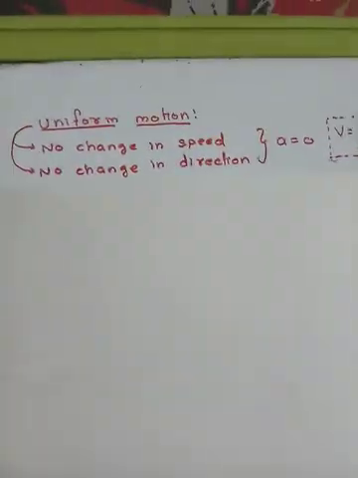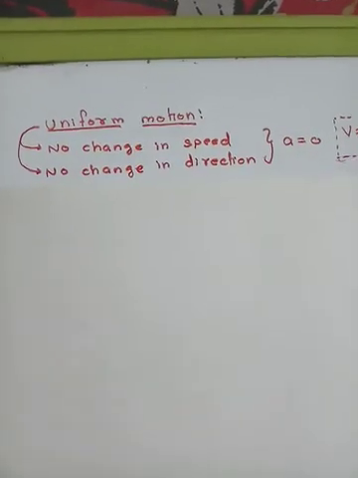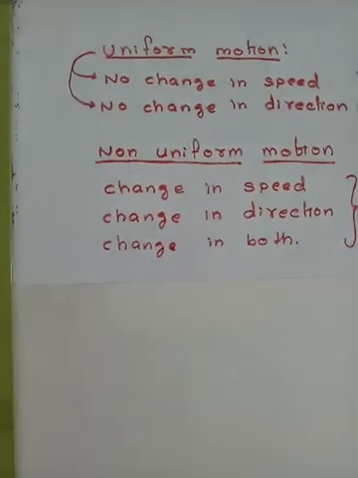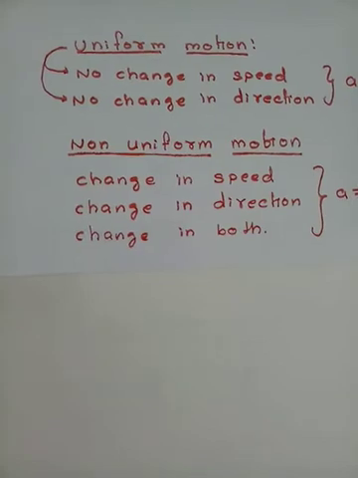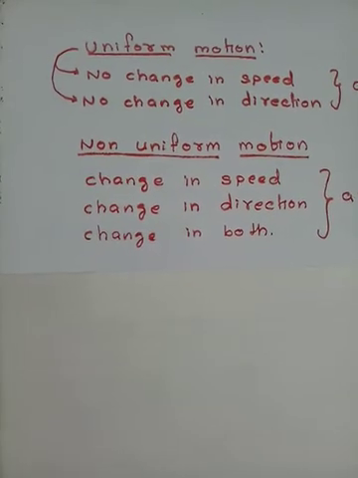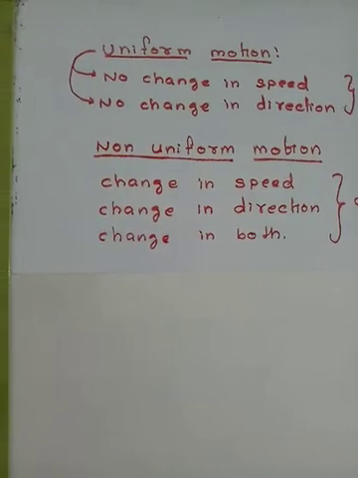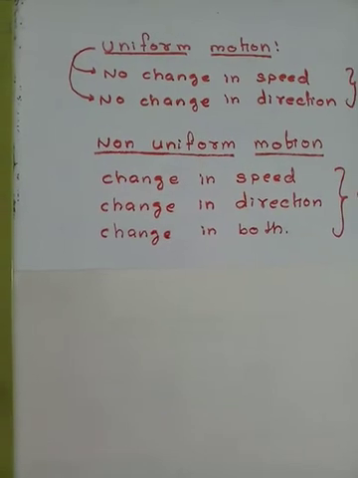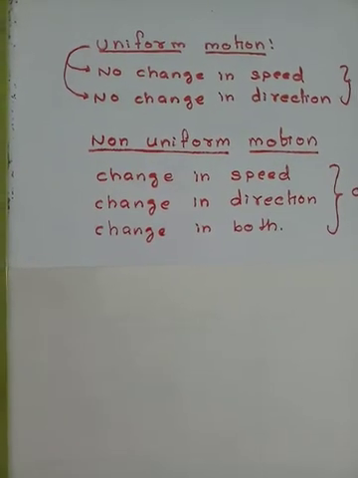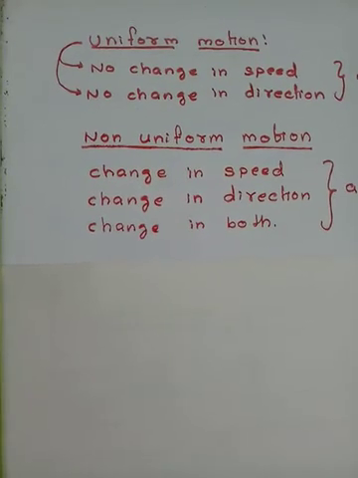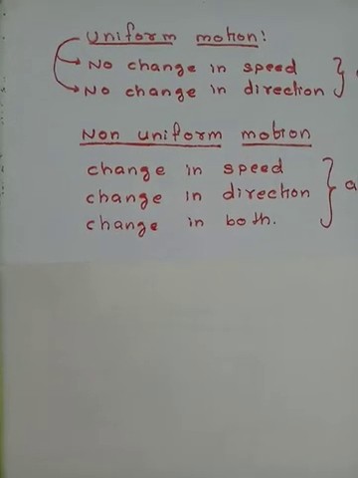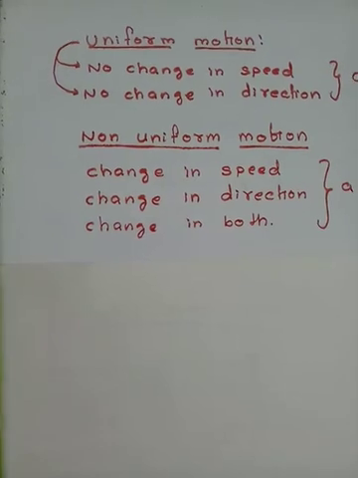Now let us come to non-uniform motion. According to the definition, if a body covers unequal distances in equal intervals of time, the motion is non-uniform. If the body covers equal distances but in unequal intervals of time, the motion is again non-uniform.